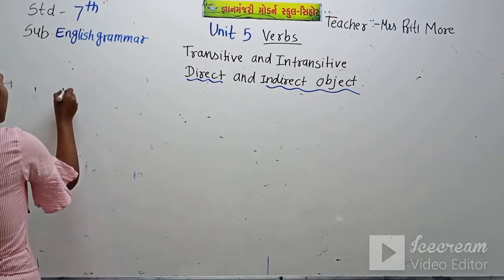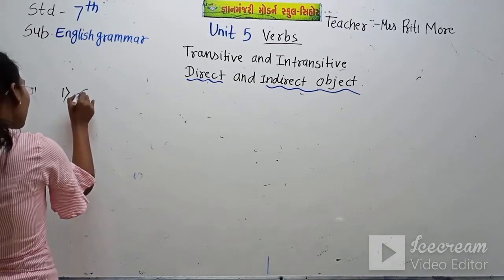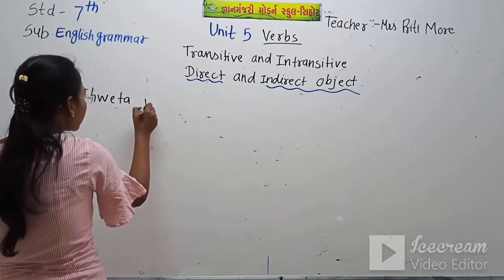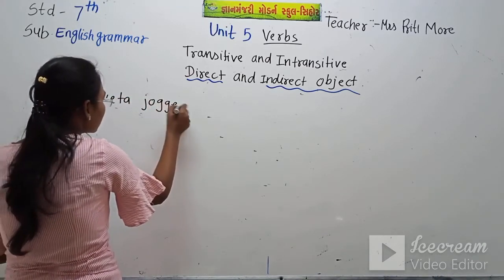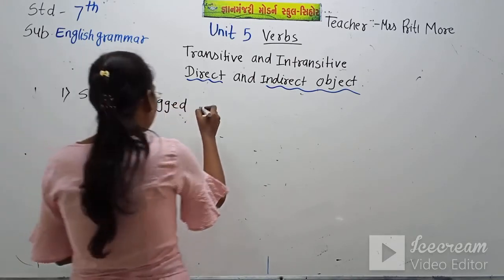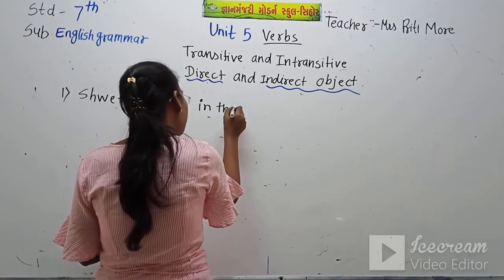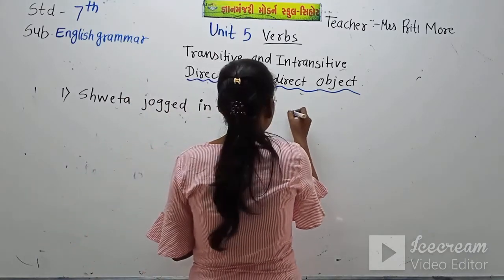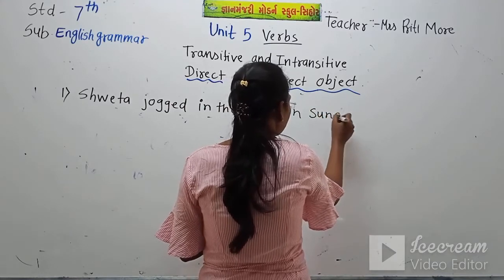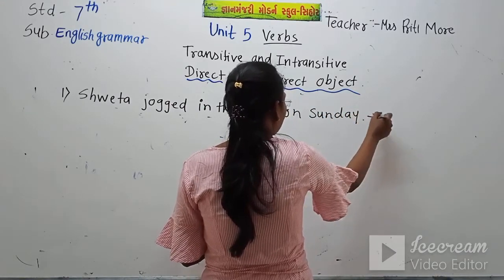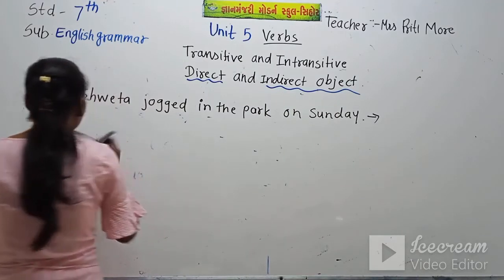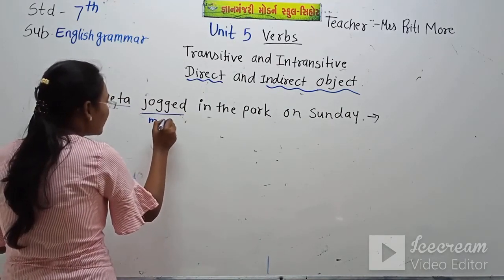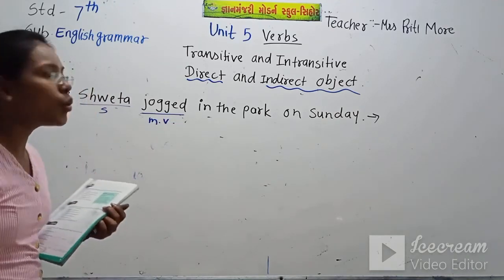The first sentence I am writing: Shweta jogged in the park on Sunday. Now Shweta is the subject, jogged is the main verb, and there is no object.